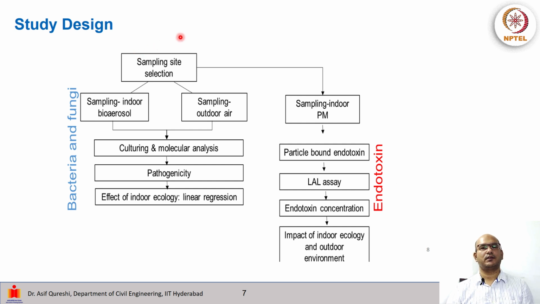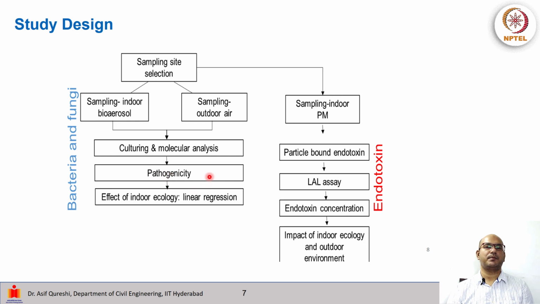So first thing would be the sampling site selection, then followed by the sampling of indoor air for bioaerosols, sampling of outdoor air for bioaerosol. Once this sampling is completed, the samples would be analyzed by cultural and molecular analysis.